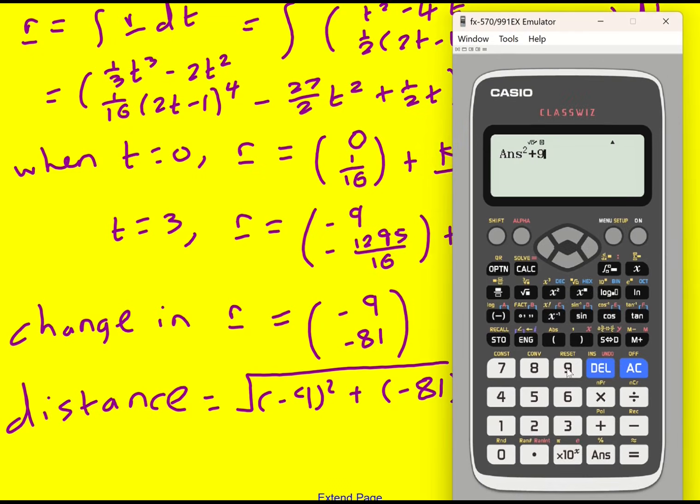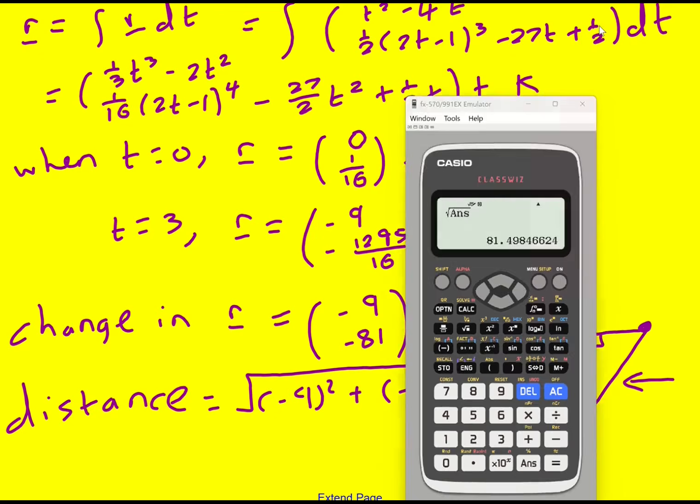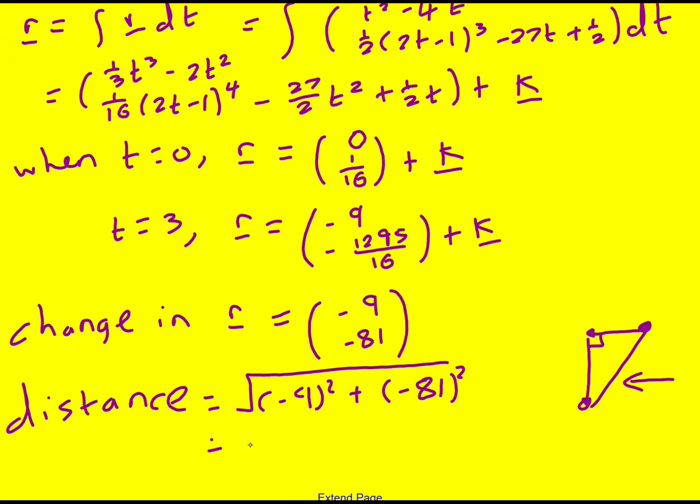When you're squaring a negative, you can just ignore the sign. And at this point, I don't think I need to show any more work. 81.498, or 81.5 meters.